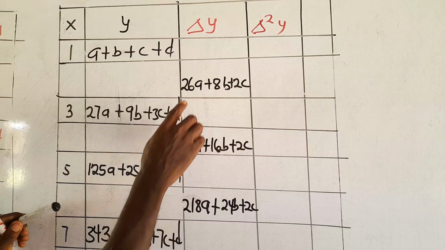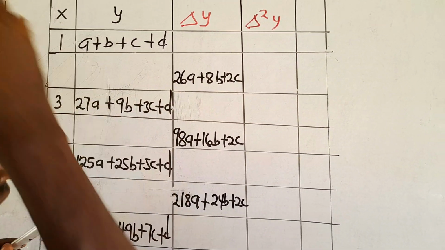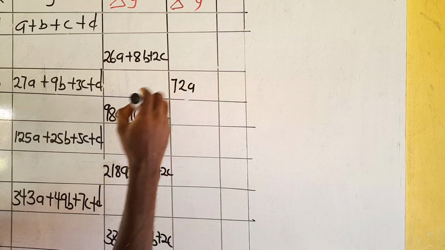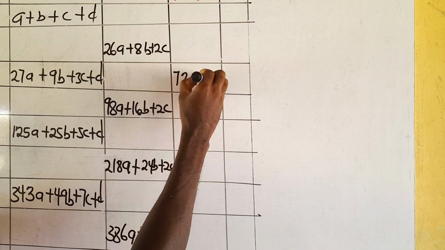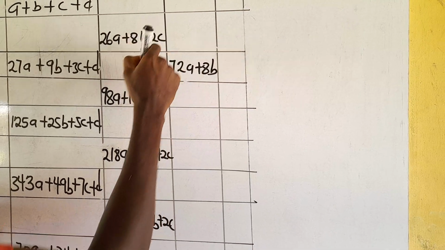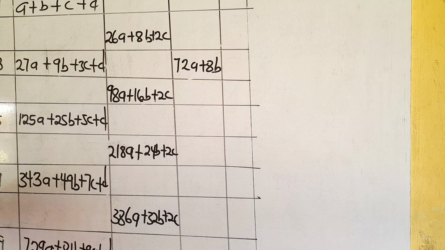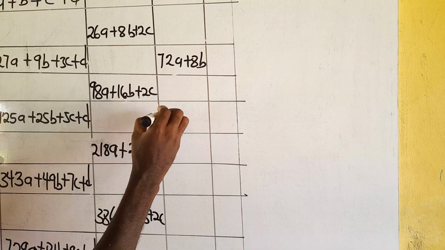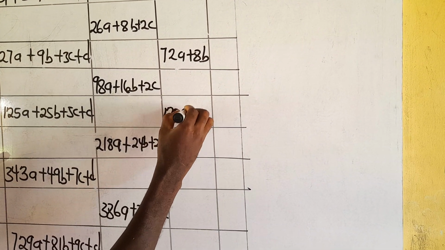So I'm going to subtract 26a from 98a. We'll get 72a. Then 16b minus 8b will be 8b. 2c minus 2c will give us 0. Then we'll go again. 218 minus 98 will be 120a.